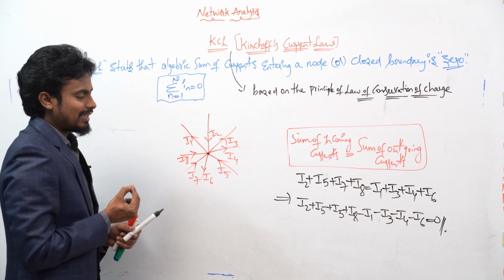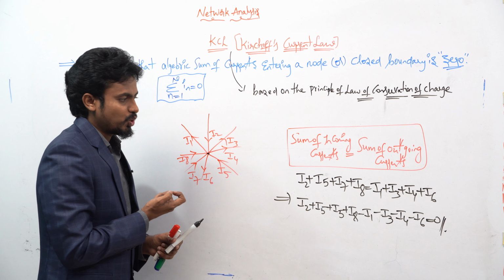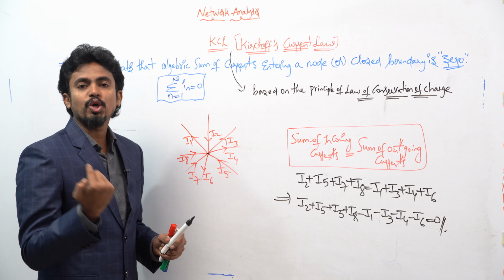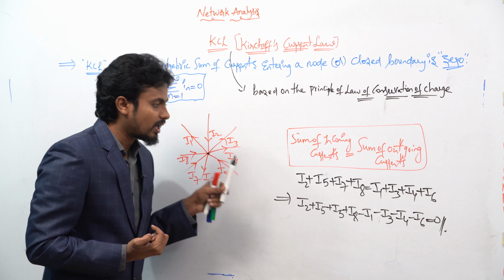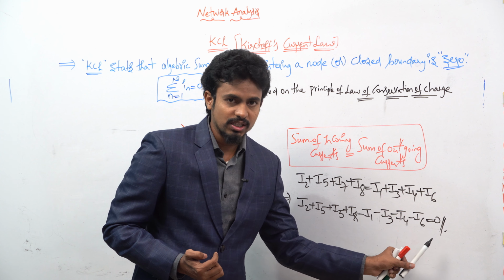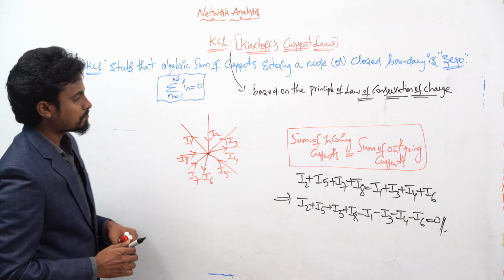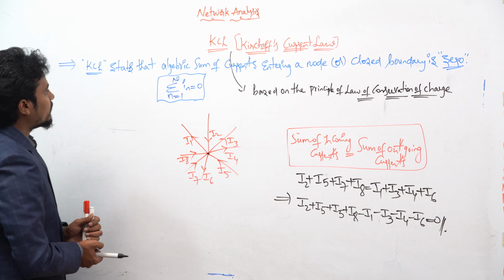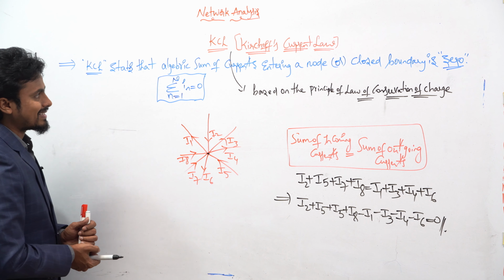So at the node, whether you consider incoming or outgoing currents, the answer you get at the end will be 0. This is the important thing whenever you state KCL.